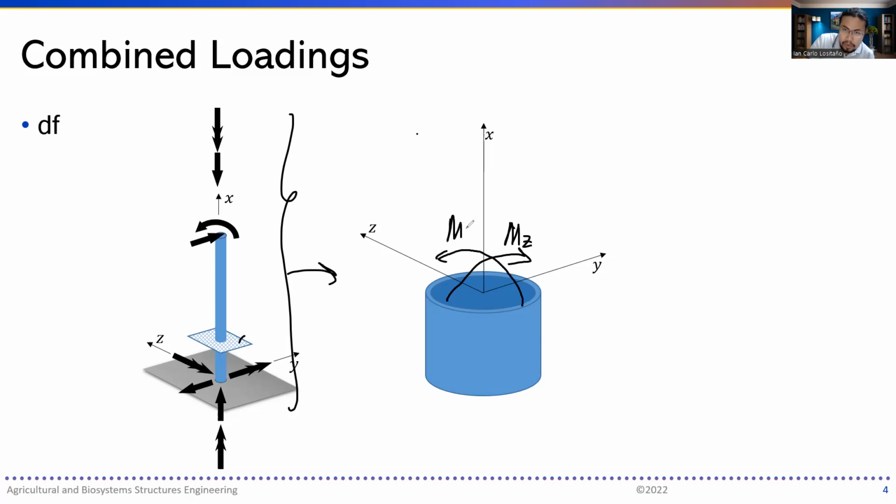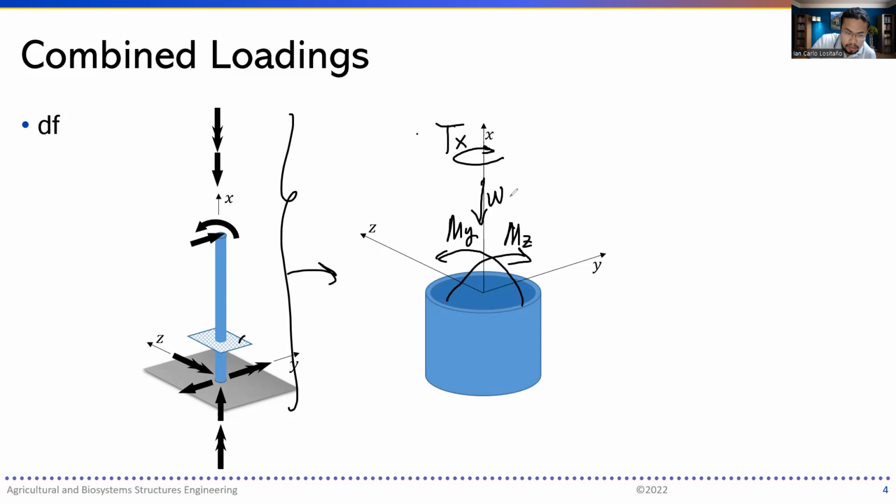Then along x we have a torsional Tx. Is there a moment about x? There's none.